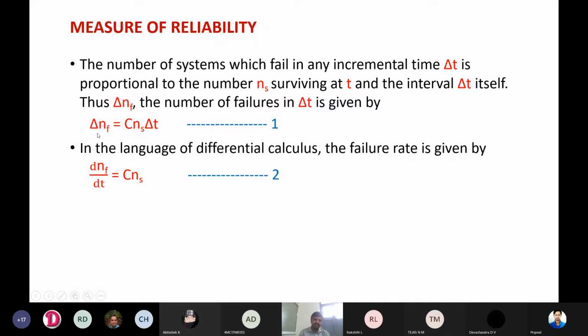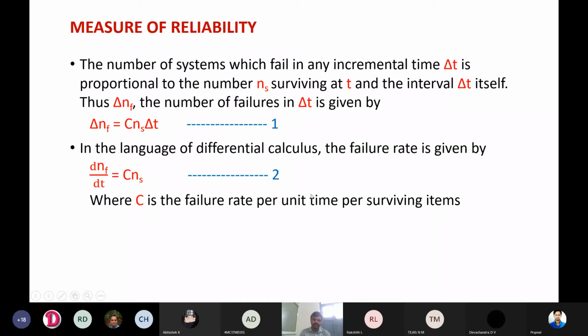Instead of the delta symbol, we use d, and we take delta t to the left hand side, where it comes to the denominator. We have rearranged equation 1 to get this one. So dNF by dt is nothing but delta NF by delta t. On the right hand side you have CNS.